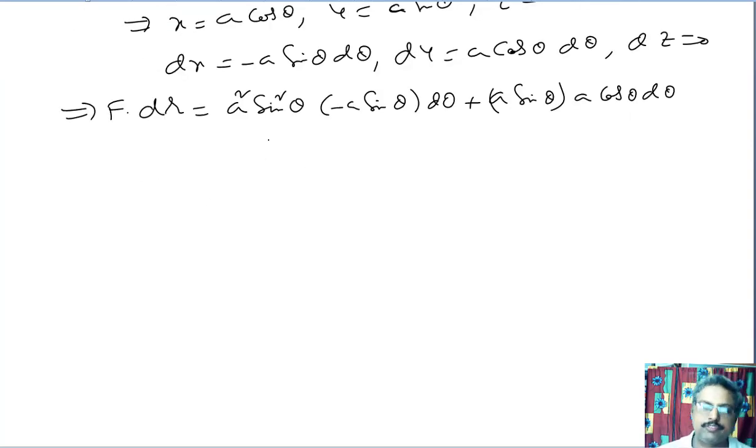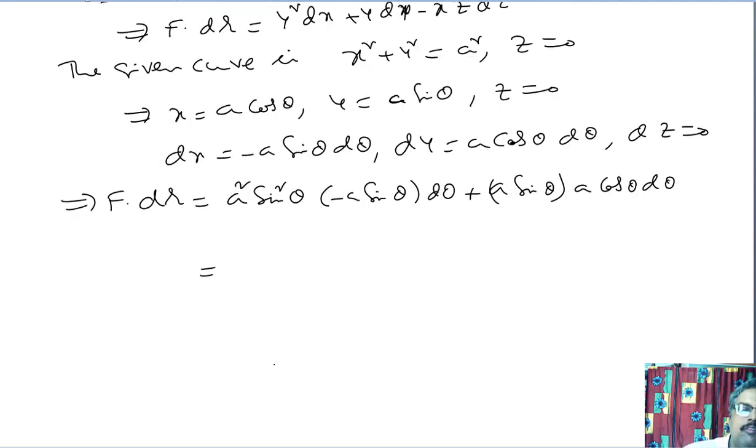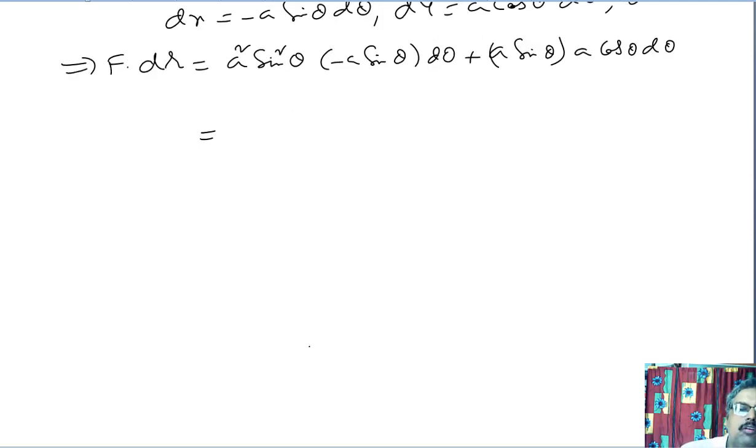Integrating here, we get minus a cube sin cube theta plus a square sin theta cos theta, which can be written as sin 2 theta by 2.